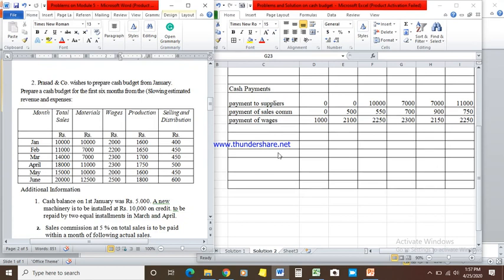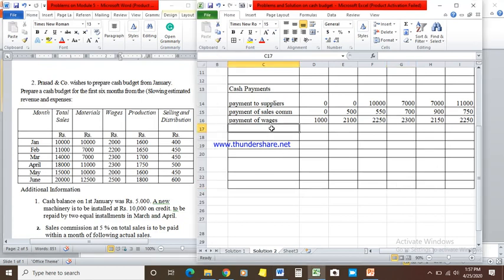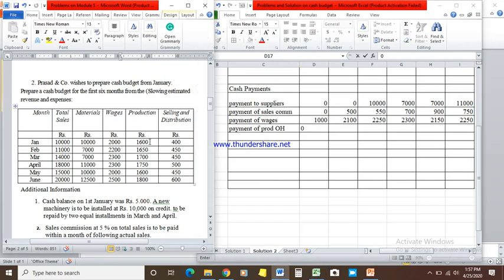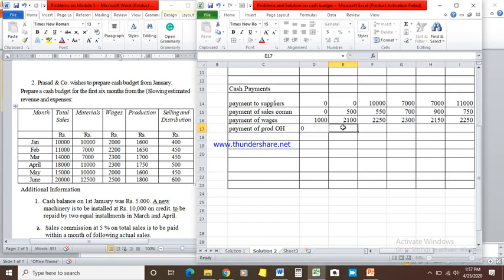So what I am going to do now is mention here payment of production overhead. Since there is a delay of 1 month, it means January payment we are not going to do. Instead, January payment falls in the month of February. So this January 1,600 will go to February. Accordingly, just move on with 1 month lagging.